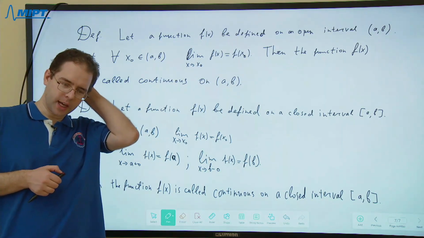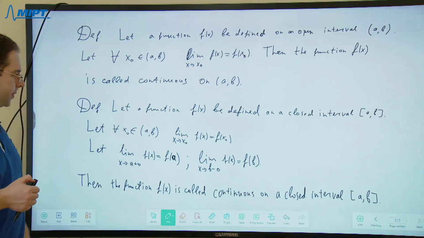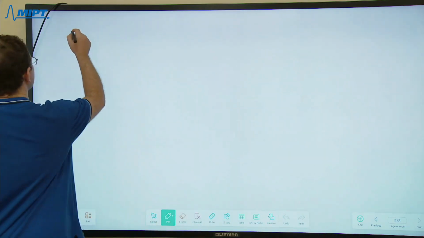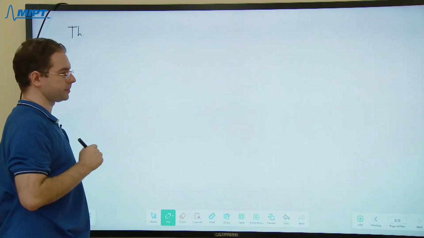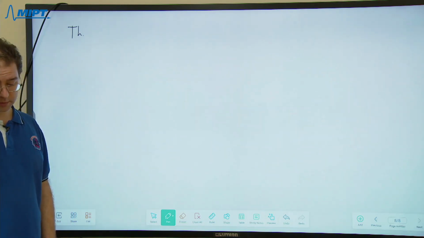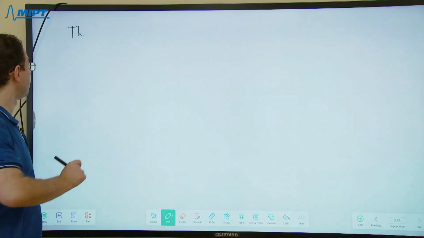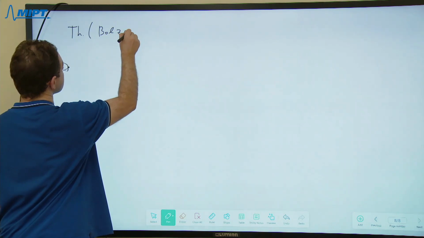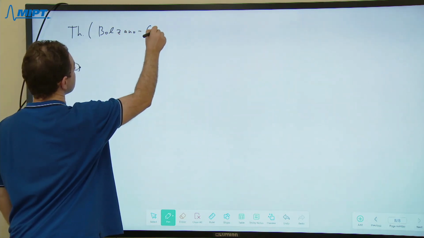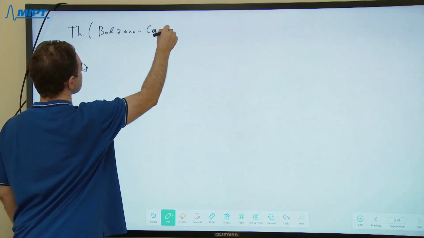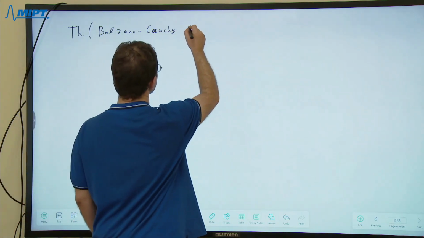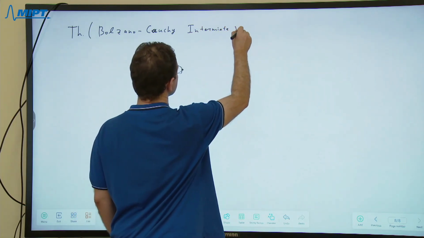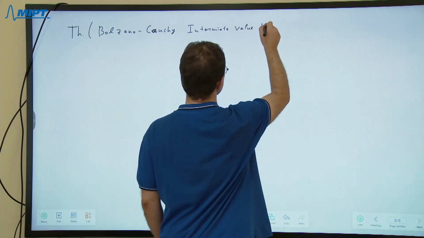Okay, we will have time to formulate but not prove the next theorem. Theorem. It will be called the Bolzano-Cauchy intermediate value theorem.